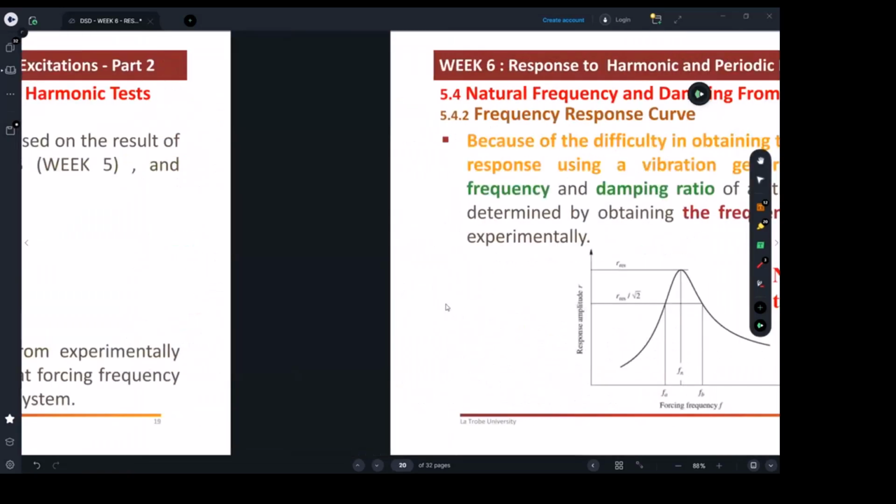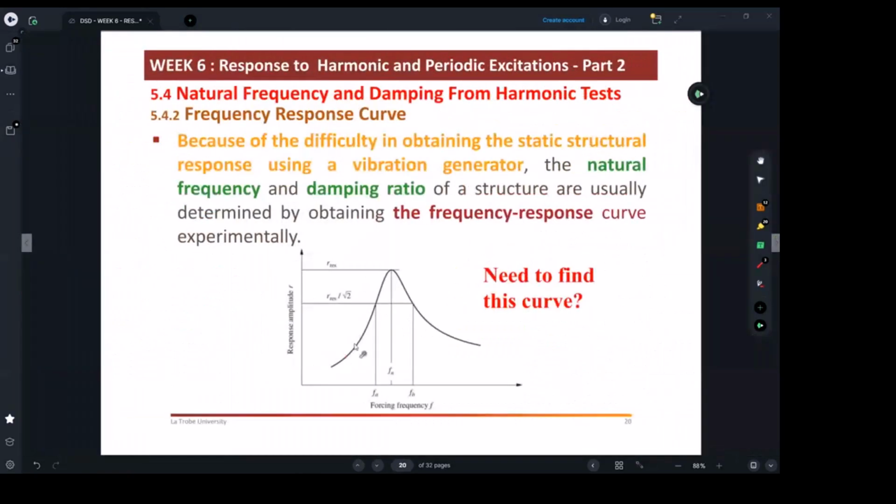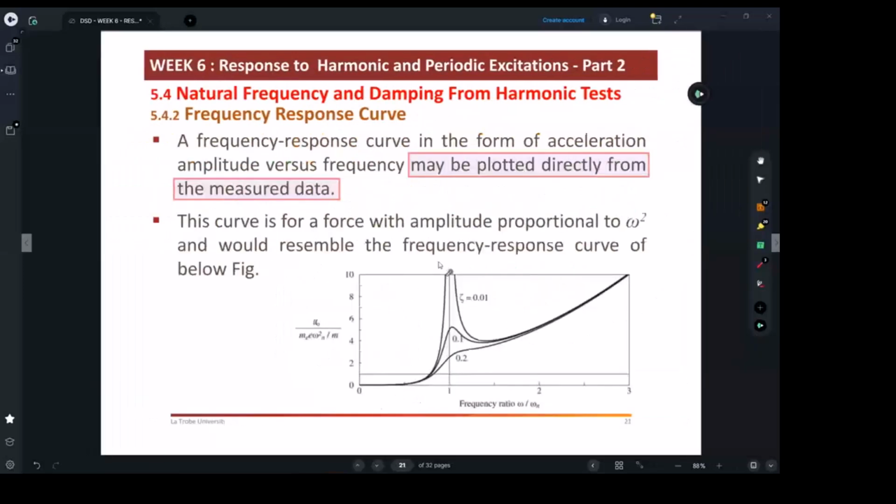You're going to be taking different points and connecting them to plot this curve. Then from that curve, you will be able to determine several dynamic properties, maybe plotted directly from measured data, depending on what we're looking at.